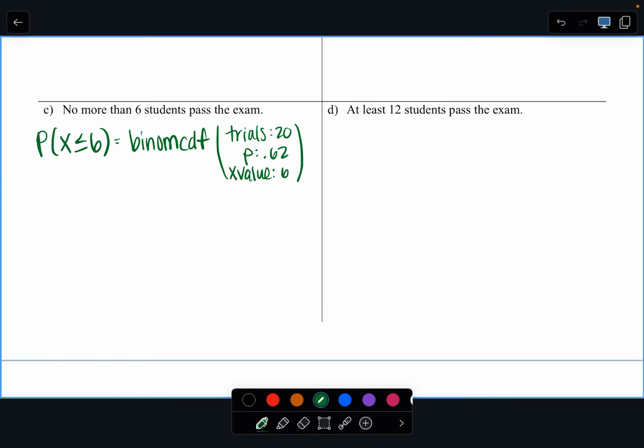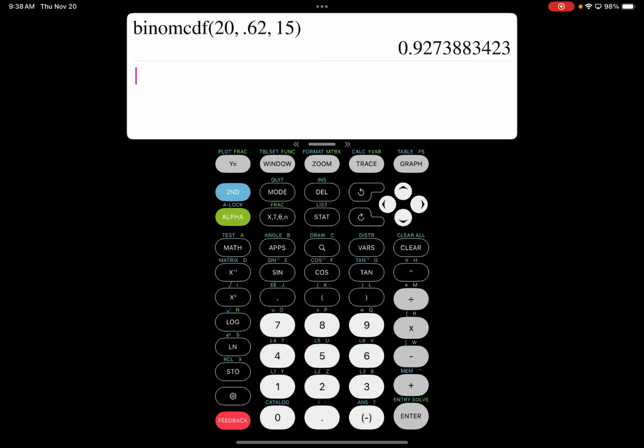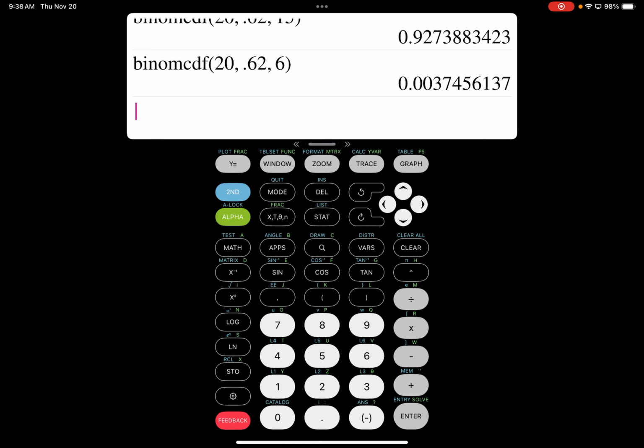And I would go through these steps exactly the same way. One thing that you can do, just to show you, is if you've done one and you just need to change the number, you can always do second enter and it'll bring up what you just had. And you can just go in and I'm going to change it to be 6 this time. And I'm going to get 0.0037.